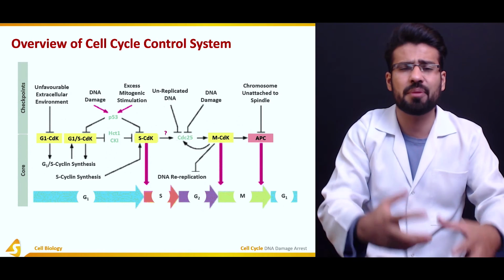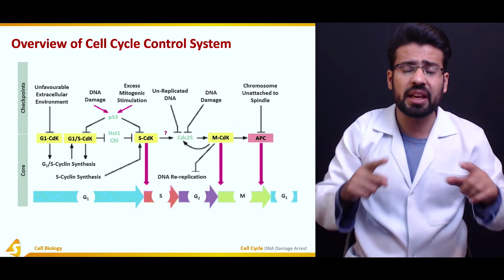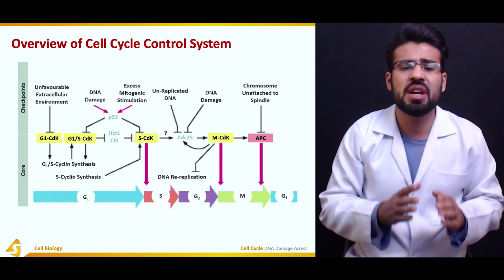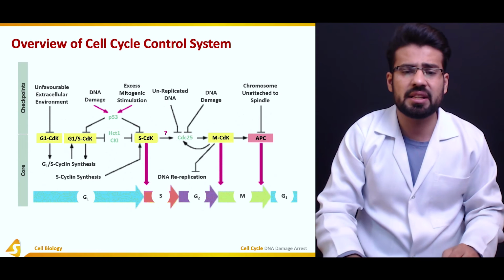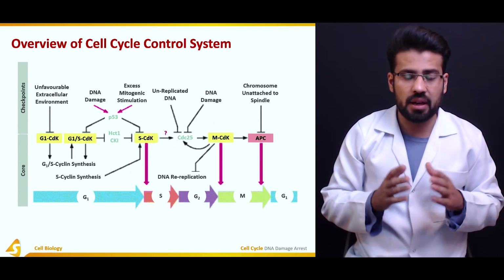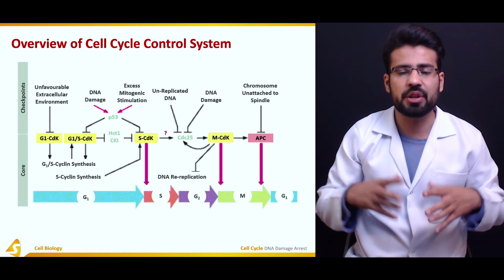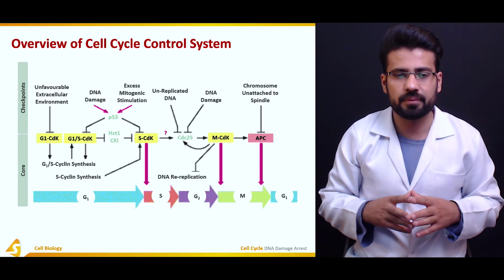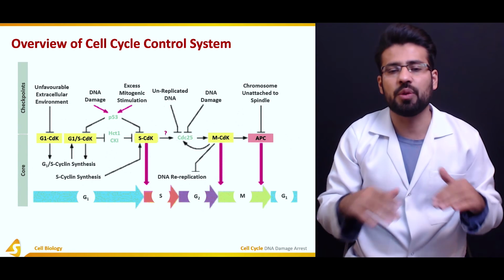Both of these are going to cause the upregulation of p53. p53 is then going to cause the check or removal of the G1-S transition molecules, the cyclin CDK complexes, which played an important function in the transition of the cell from G1 to S. It also causes the inactivation of the cyclin CDK complexes by the formation of p21, which is a CKI, a CDK inhibitor protein. So this was the case of the checkpoints present in the G1 phase.